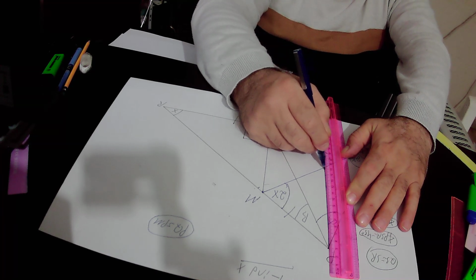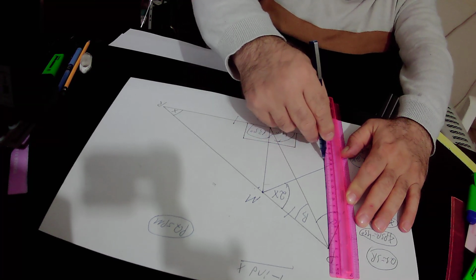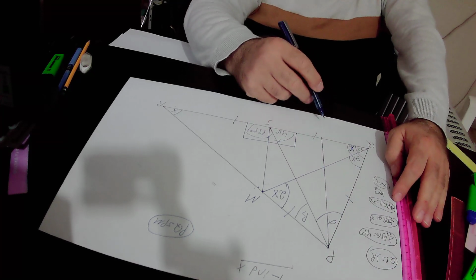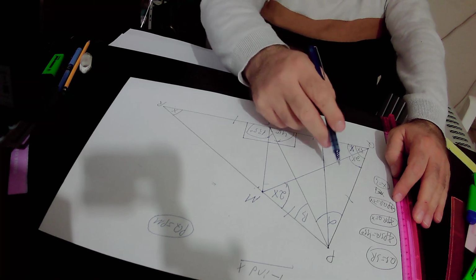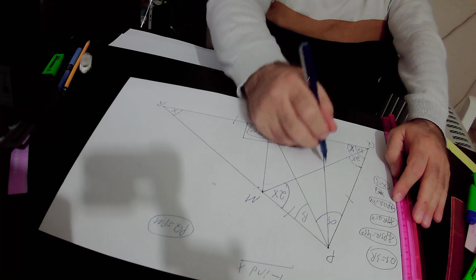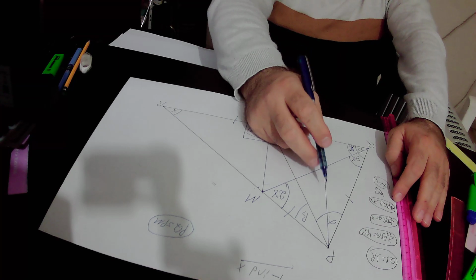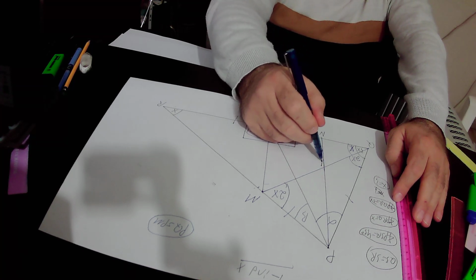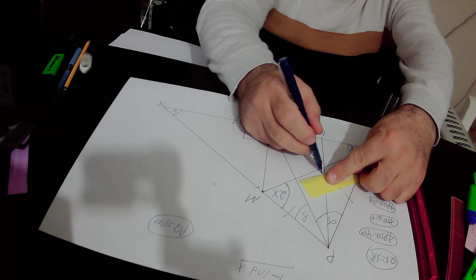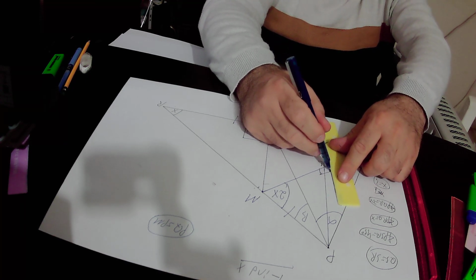We will extend the perpendicular until it hits side QS, and we will define the touching point between the perpendicular from P and QS as point N, and the touching point between the perpendicular and QM as L. So this angle equals 90 degrees and this angle also equals 90 degrees.